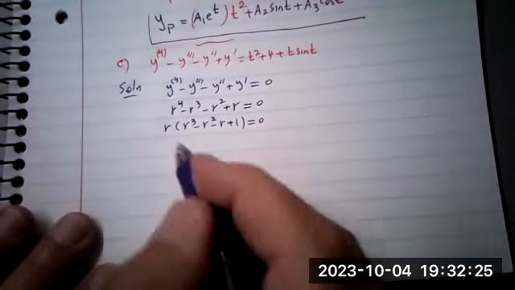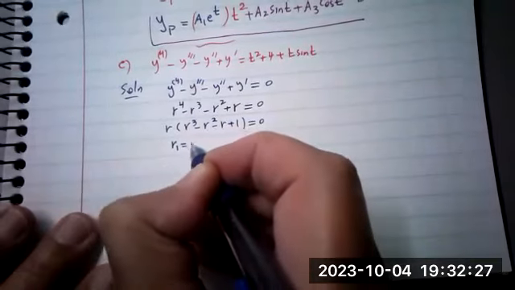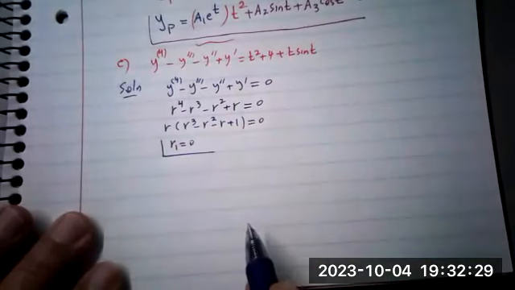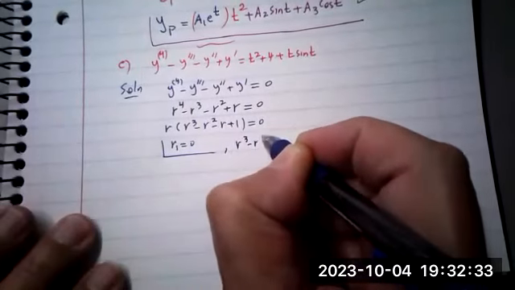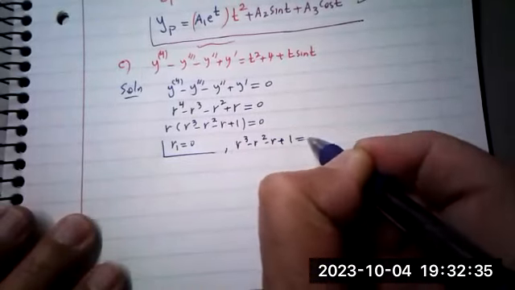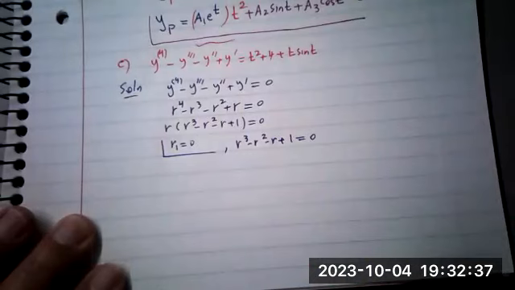When you get one solution, you may call it R1. So you let the inside be 0: R cubed minus R squared minus R plus 1. You have to factor this one. How are you going to factor it? Yes, grouping.